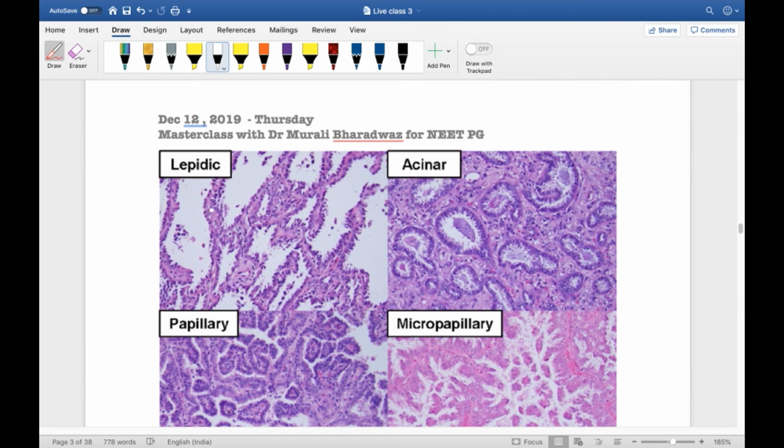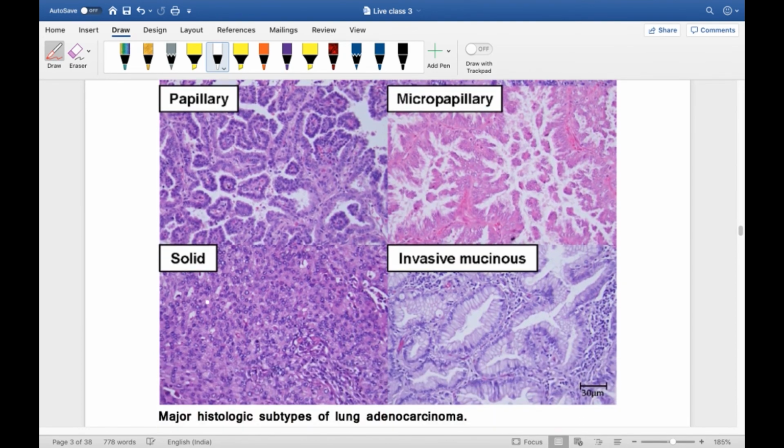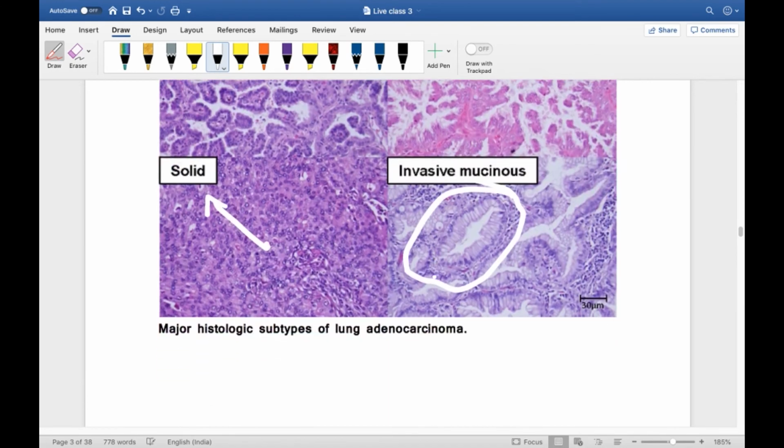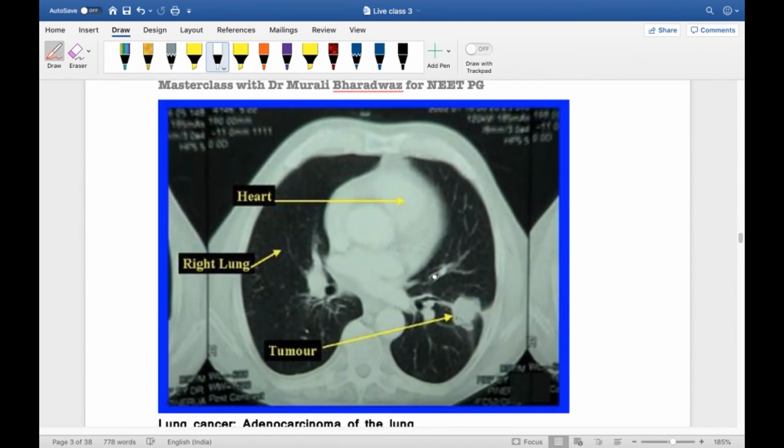Like that, adenocarcinoma has different varieties, like masala dosa, simple dosa. So lipidic type, acinar type, papillary type, micropapillary type, solid type, and invasive mucinous type. They are the various histological types of adenocarcinoma.